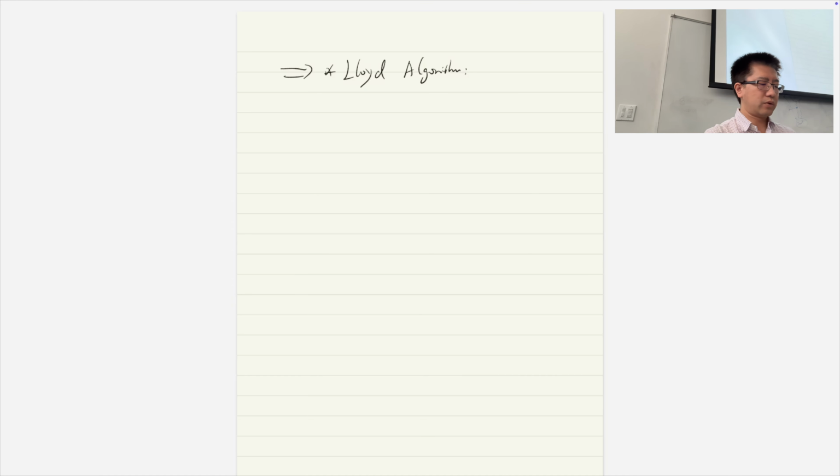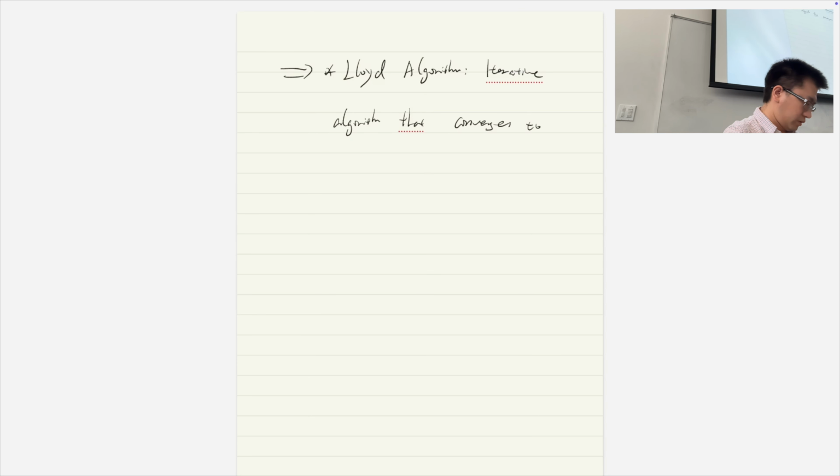It's an iterative algorithm called the Lloyd algorithm. It converges to a local optimum. The reason we call it local is that we cannot guarantee it gives exactly the optimal, but it will converge. Does that make sense?